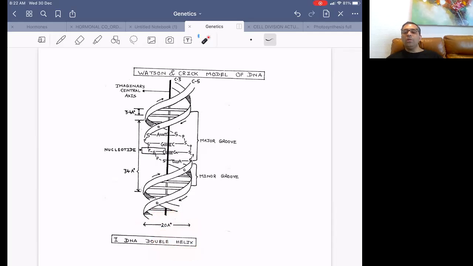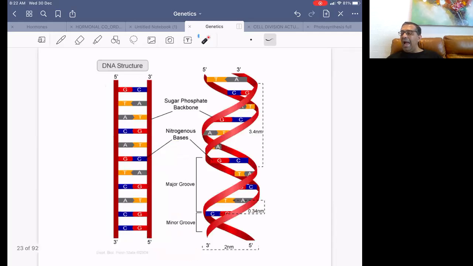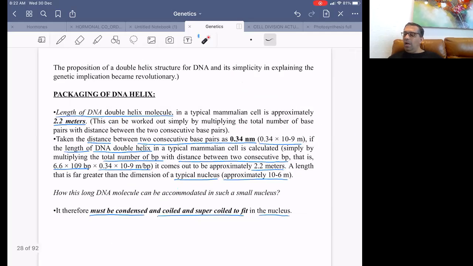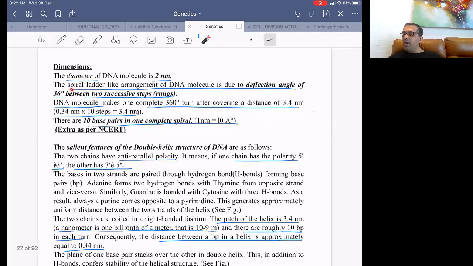And how much is the angle between two nucleotides? Sir, what is the angle? The spiral ladder of the DNA is due to a deflection angle of 36 degrees between two successive steps.